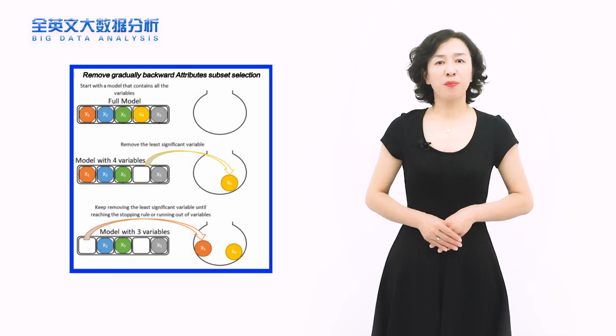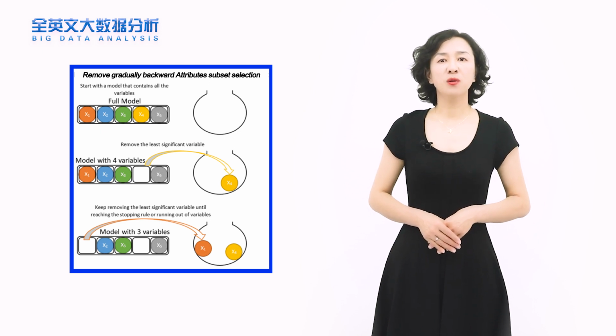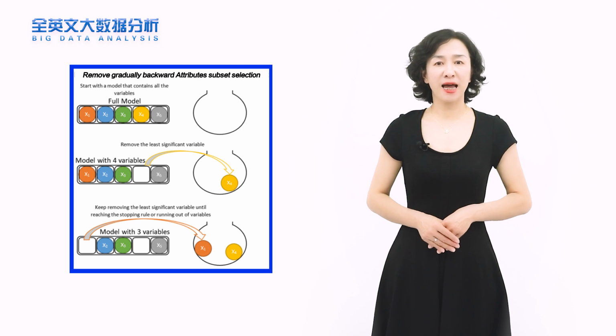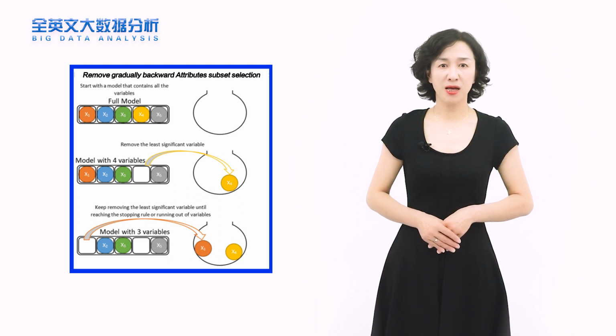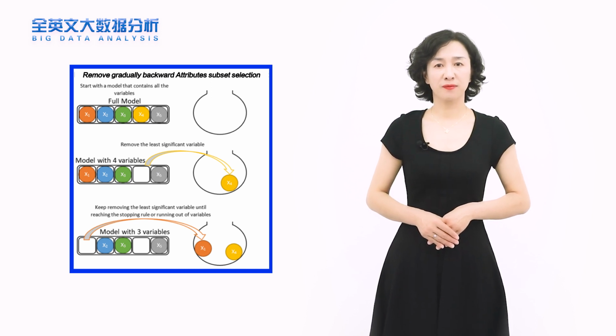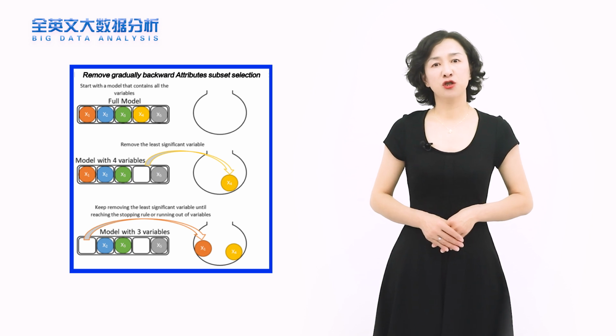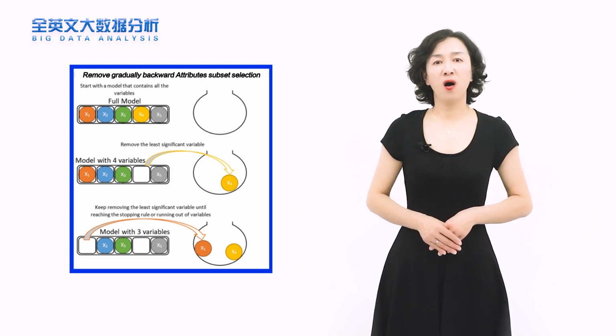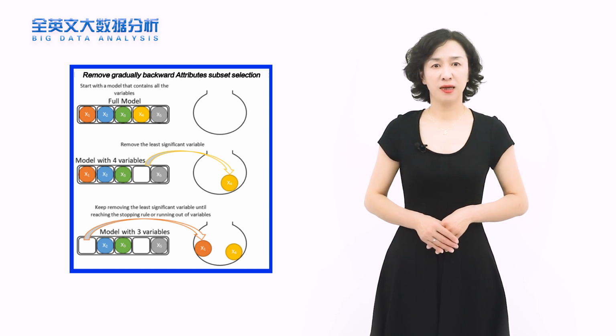Stepwise backward attribute subset selection. This method starts from a full attribute set as the initial value of the attribute subset, and each time a current worst attribute is selected from the current attribute subset and eliminated from it, until the worst attribute cannot be selected or a certain threshold constraint is met.